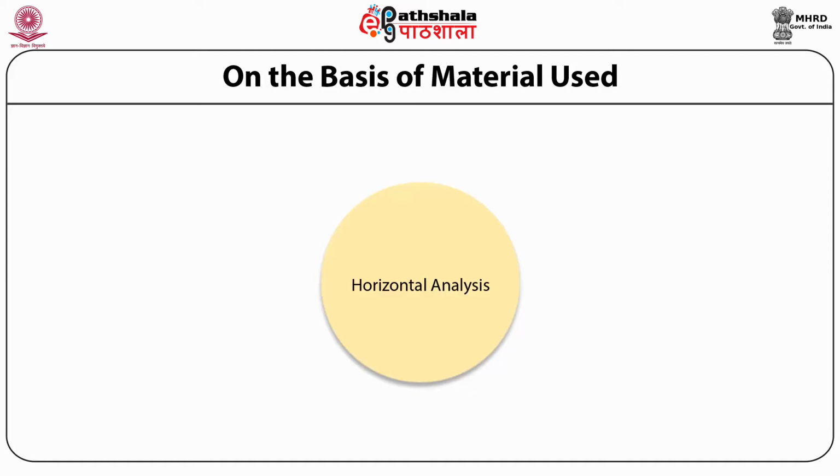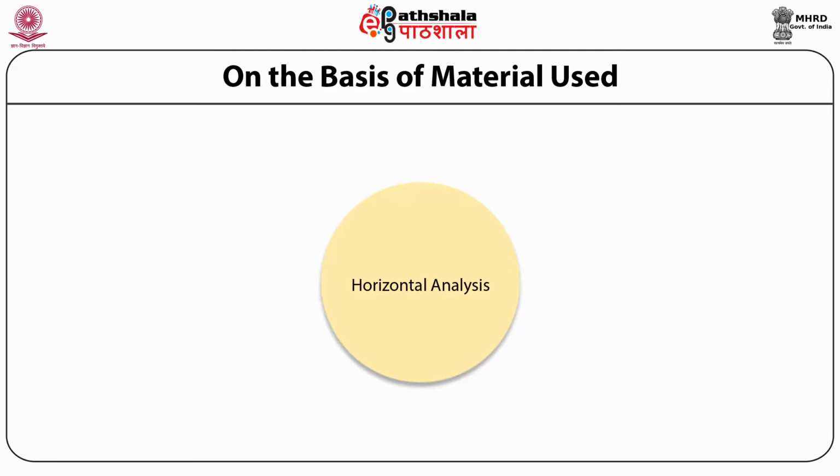Horizontal analysis can also be considered as dynamic analysis because dynamic analysis is based on data from year to year rather than on data of any one year. This analysis makes it possible to focus attention on items that have changed significantly during the period under review.